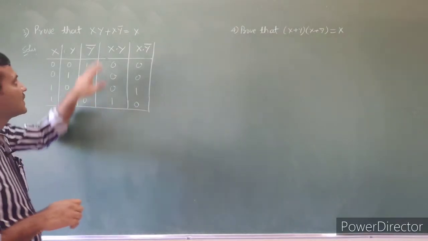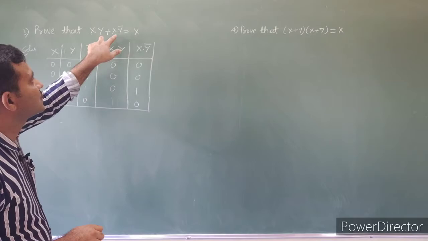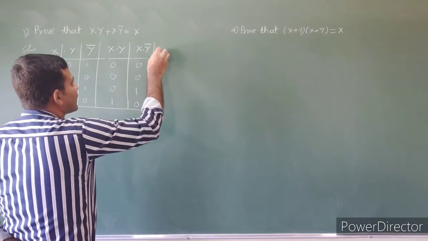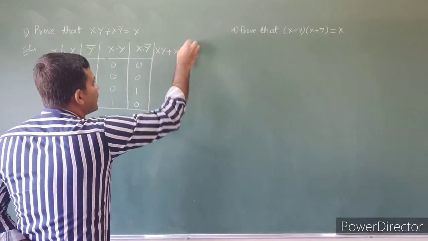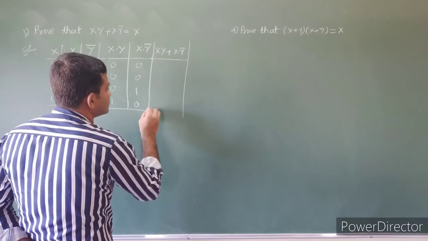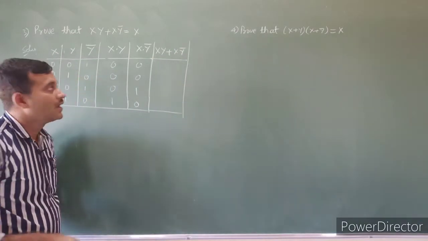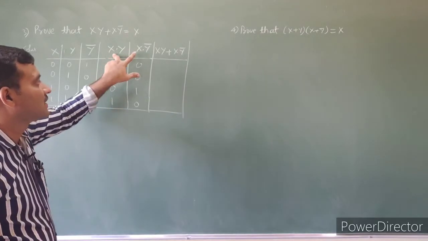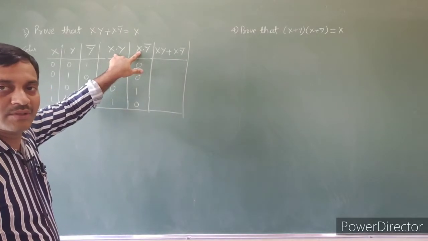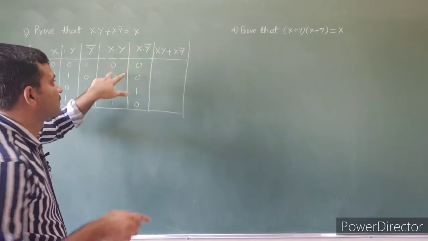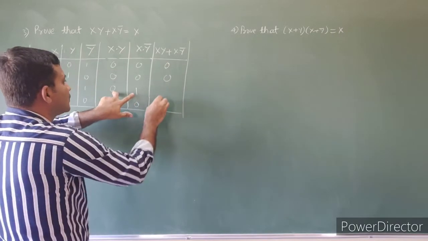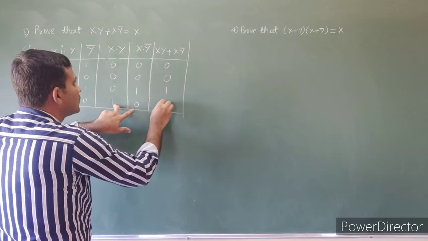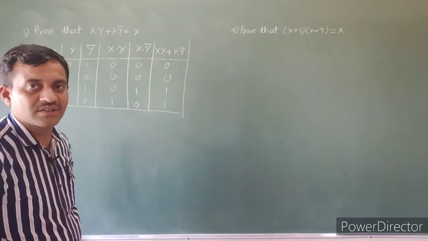Then we have to prove that xy plus x y bar. Next insert a column xy plus x y bar. Already here we evaluated xy, then x y bar. Between them perform the OR operation. So 0, 0, 0, 0, 1, 1, 1, 0, 1 in OR operation.